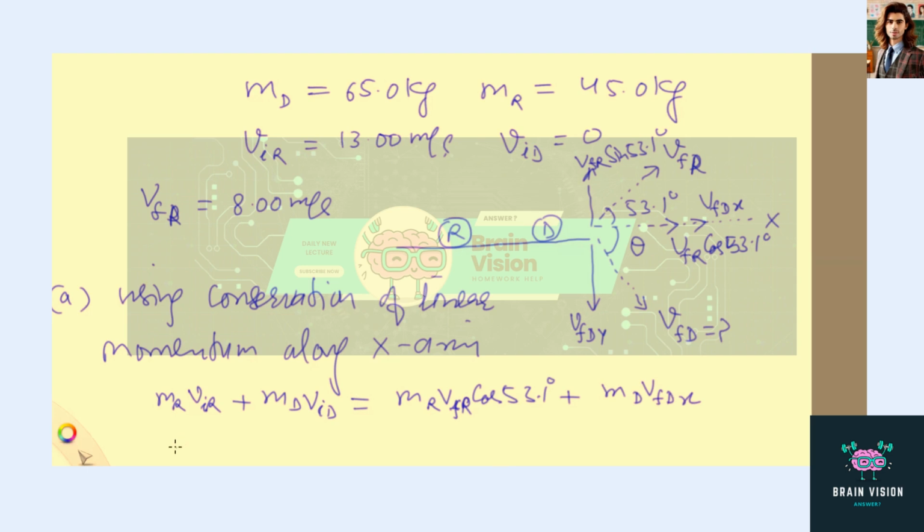v_fDx. Now plugging in all the known values, for m_R this is 45 kg, for v_iR this is 13 meter per second, but as v_iD is 0, this term will become 0. After the collision, 45 kilogram for the mass of Rebecca, v_fR is 8 into cosine of 53.1 degree. For Daniel, this is 65 kilogram into v_fDx, which is missing.